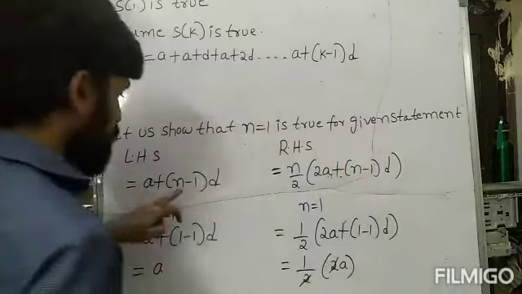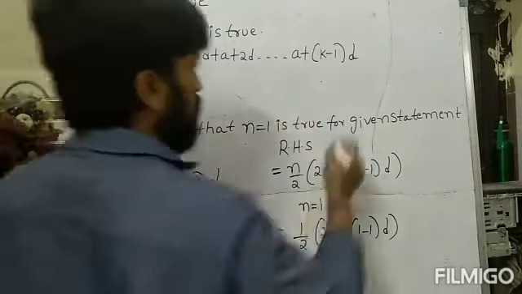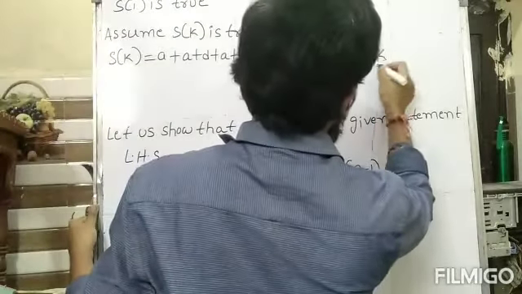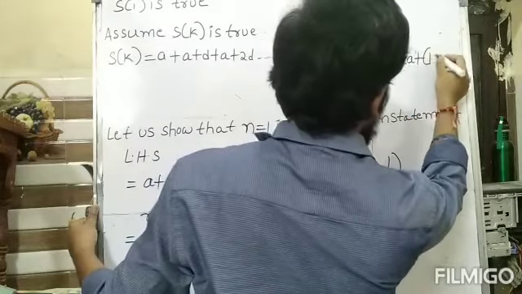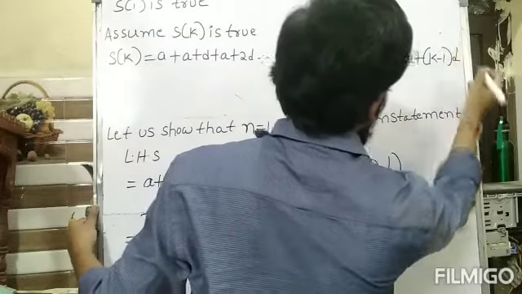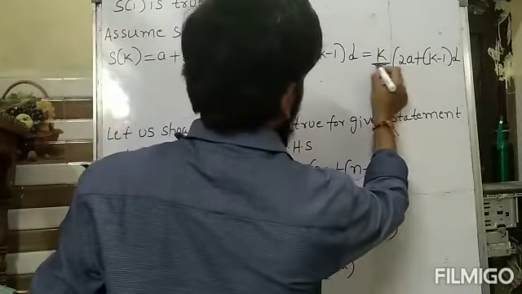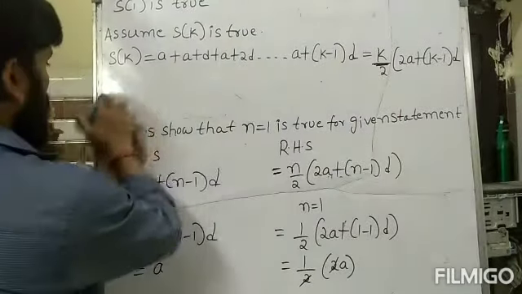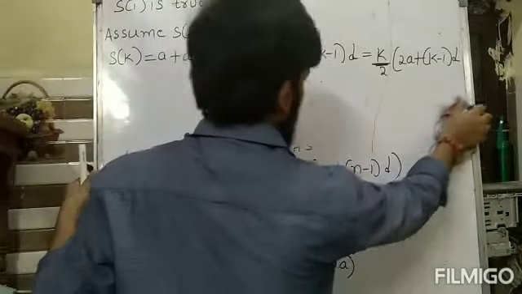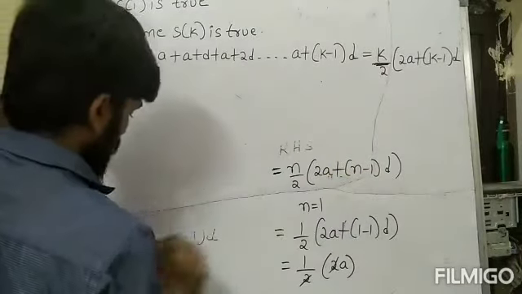Now in the place of n we substitute k here, that equals k by 2 into 2a plus k minus 1 into d.